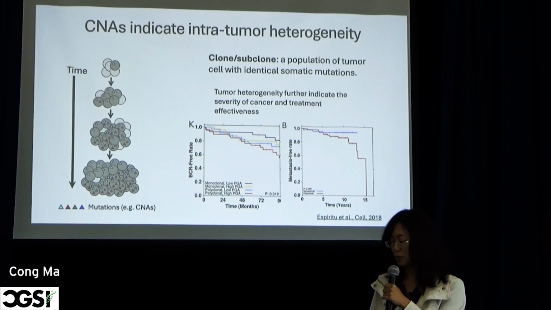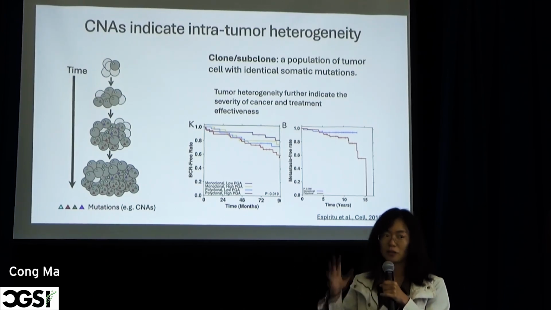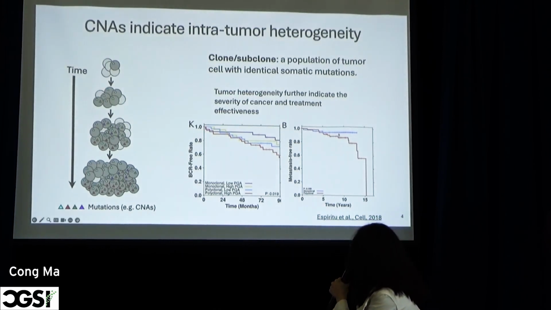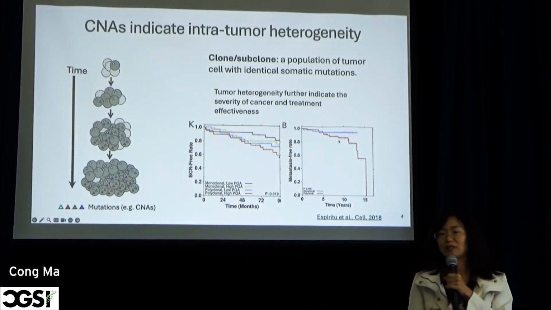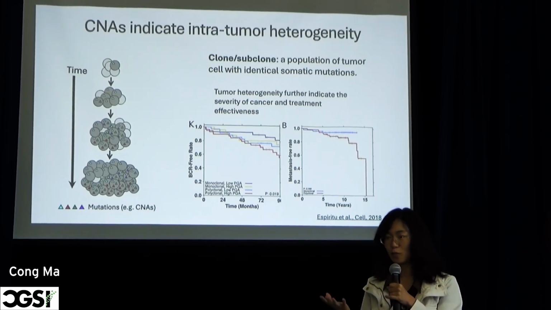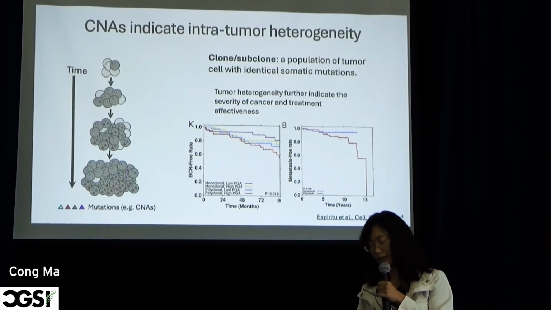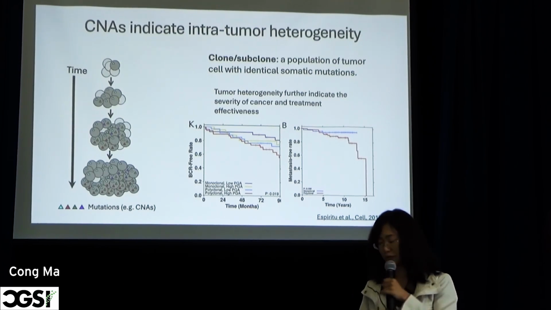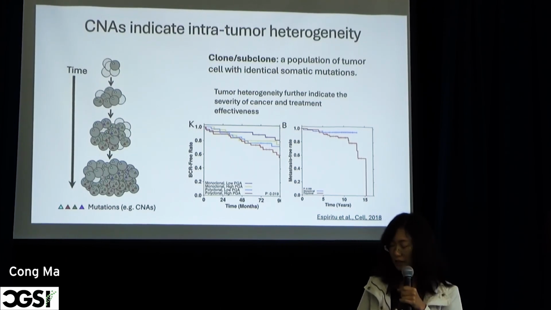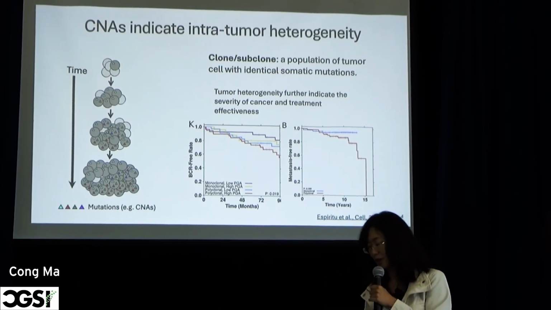It has a lower rate of being tumor-free, so a higher rate of the tumor coming back. And also a lower rate of being free of metastasis, so having more clones means it's more likely to metastasize to other tissues and organs. So it's important to use copy number aberrations to study why tumors occur and also intratumor heterogeneity.